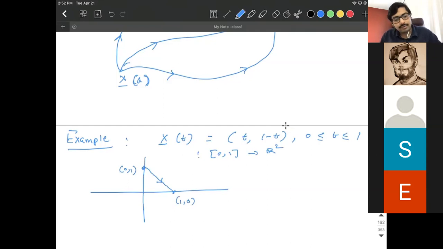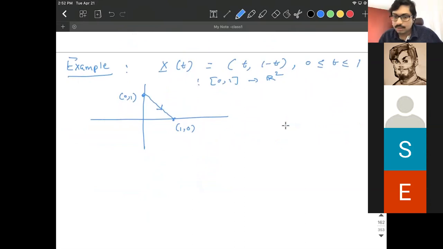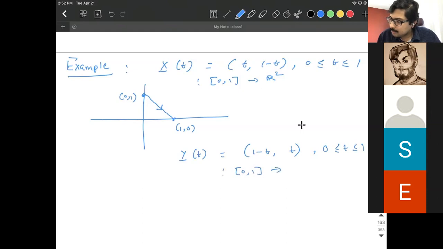So starting from (0,1) and ending at (1,0) is one orientation. But for the same line segment, you can define y(t) to be (1 minus t, t), so it's a reparametrization, with 0 less than or equal to t less than or equal to 1. So this is also a path defining the same line segment.